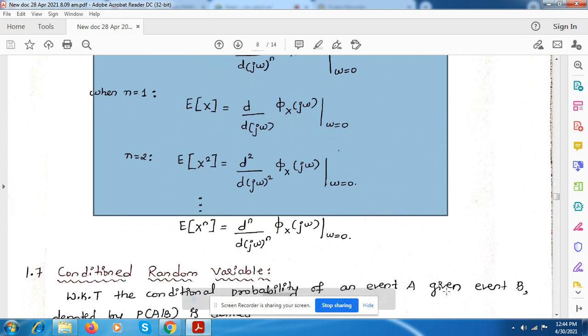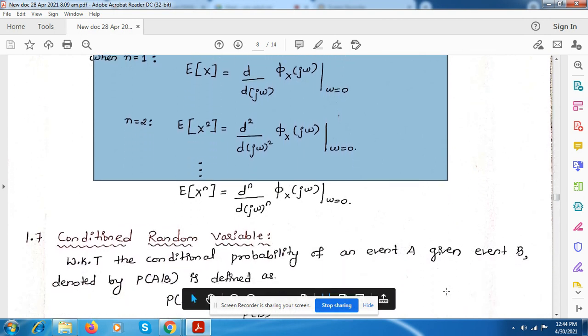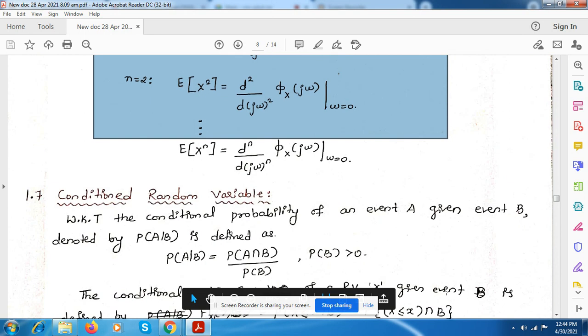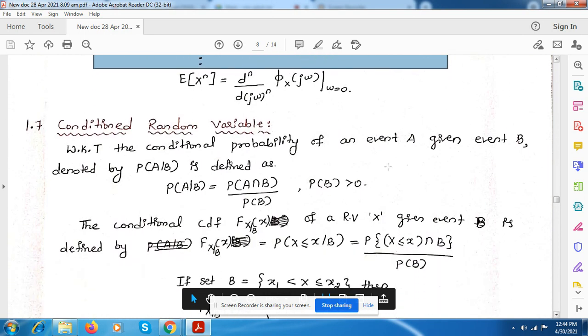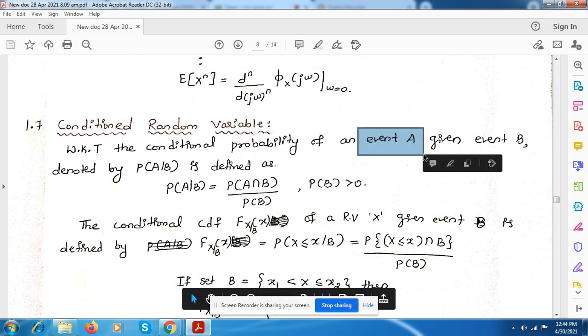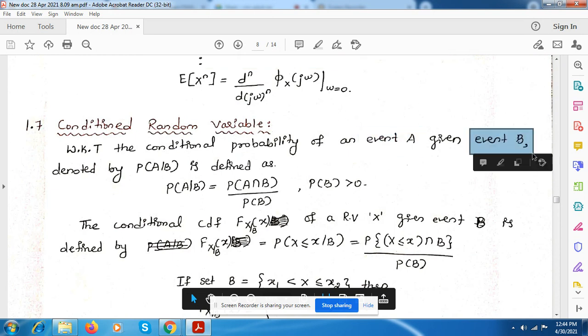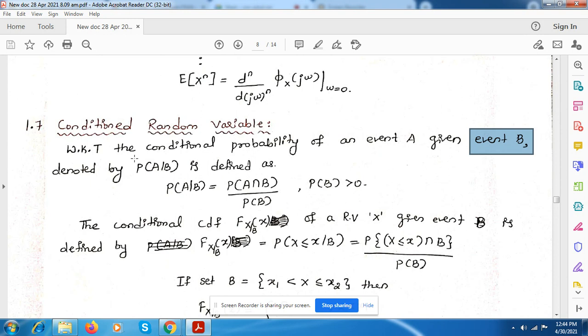So next we will see the conditioned random variable. Here we will consider two events, event A and event B. These are the two events considered, and the conditioned probability is denoted by probability A given B. So here B is the condition.